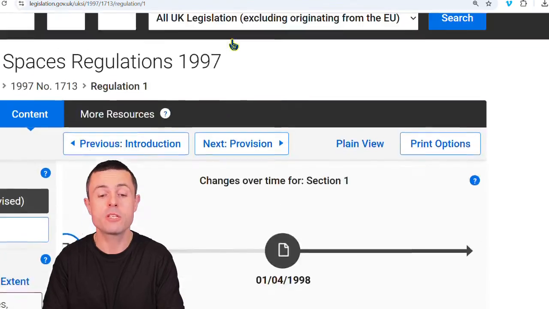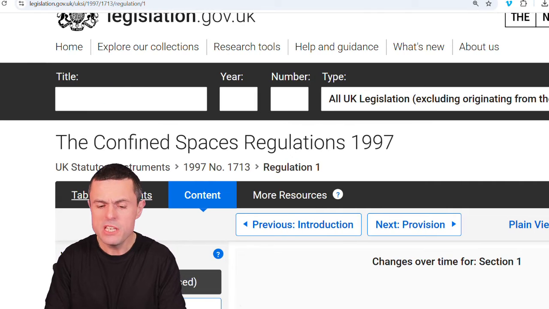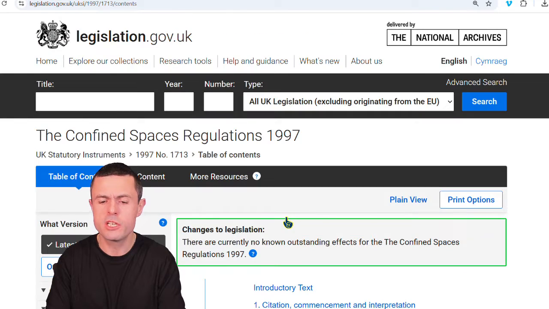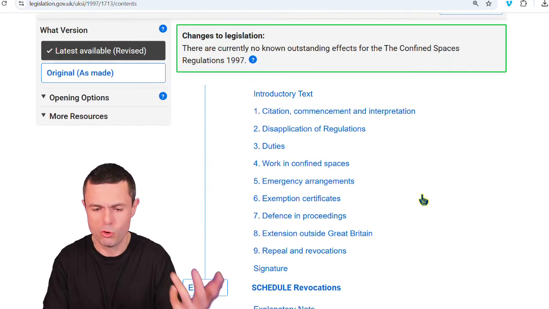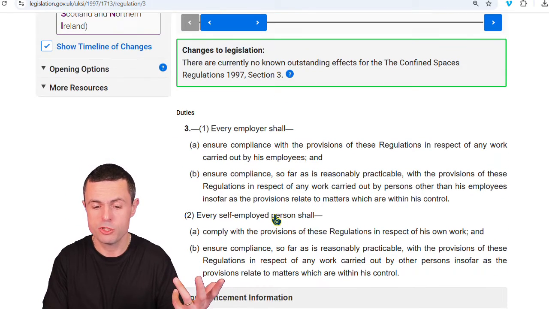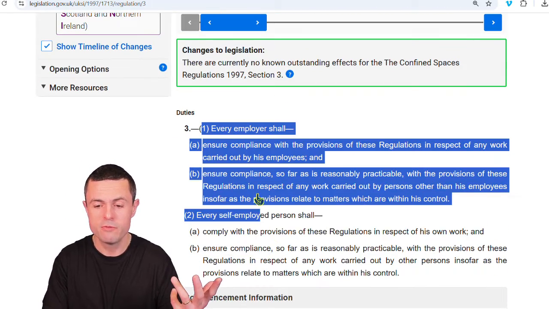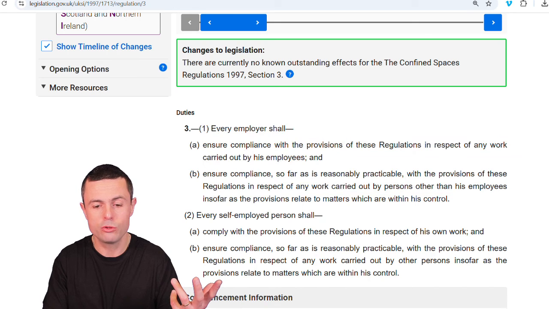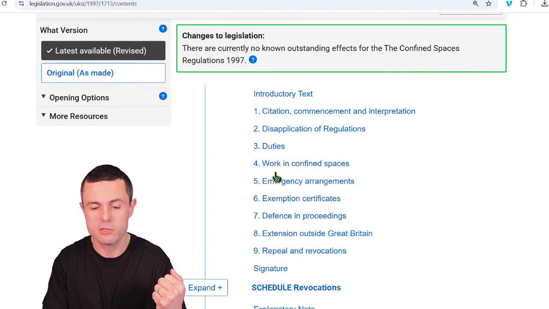Well, NEBOSH National General Certificate students, so UK students, you will go to, obviously, the Confined Space Regulations. These are not big or complicated regulations. You can see they're very, very small, very short. And we have here some duties for the employer. That doesn't really give us a whole lot at all. So let's look at this one, working in confined spaces.